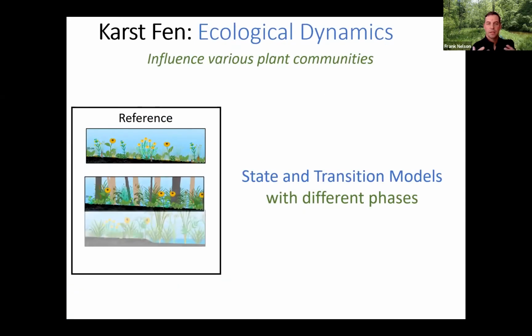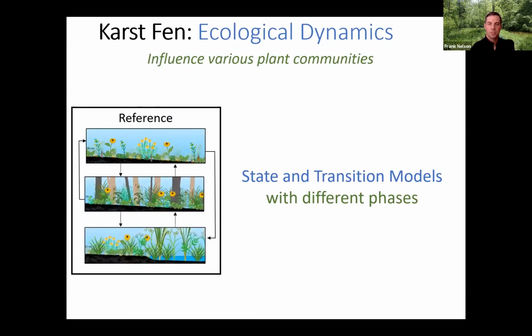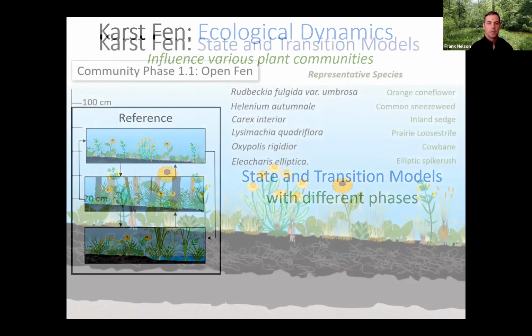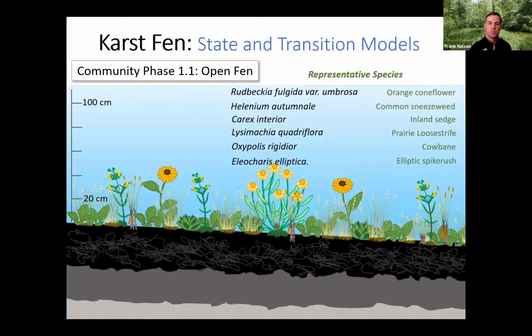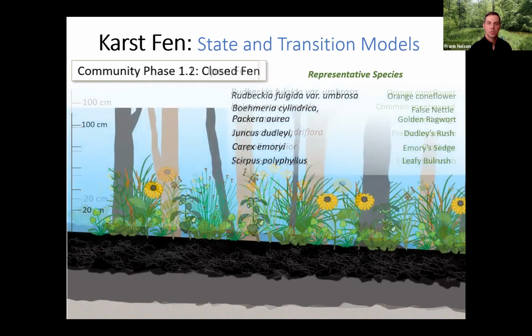And so this has helped us figure out what our state and transition models are. And we've got 3 different phases. Essentially an open fen, and the representative species, orange coneflower, is one that we found in every one of our fens. A second phase is our closed fen.